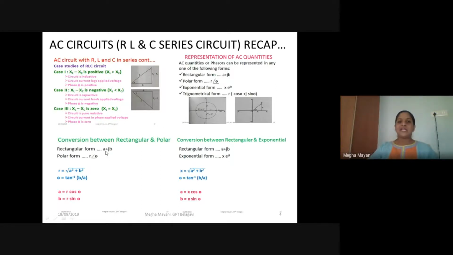We have dealt with each representation in detail: the rectangular form, which is in the form of A plus jB, polar form, which is R angle theta, exponential, which is X e to the power j theta, and trigonometric, R cos theta plus j sin theta. We have also discussed how to convert from one form to another.